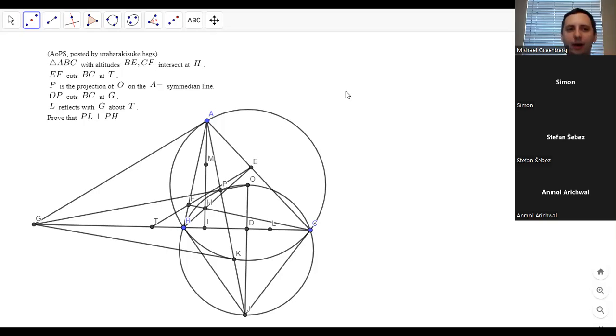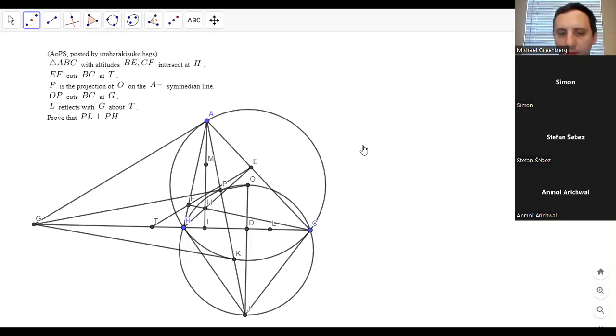Oh, really? Okay, so it's equivalent to the problem. So if PAH is similar to, yeah, because that would mean PAG is similar to PHL. So using spiral similarities, yeah, it's equivalent.